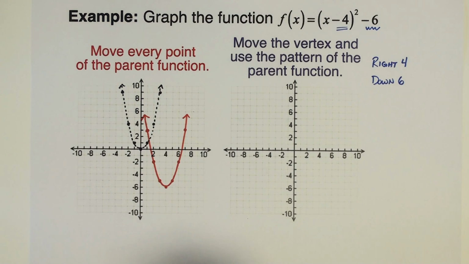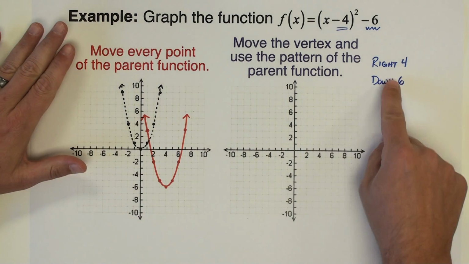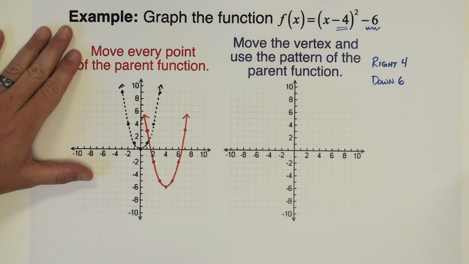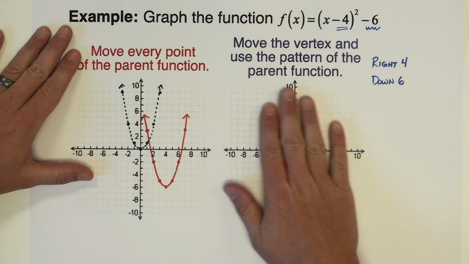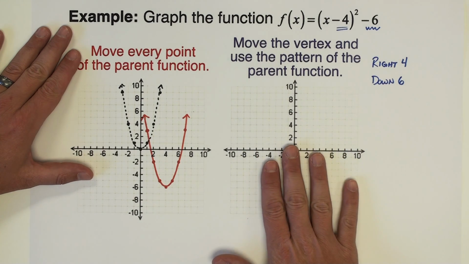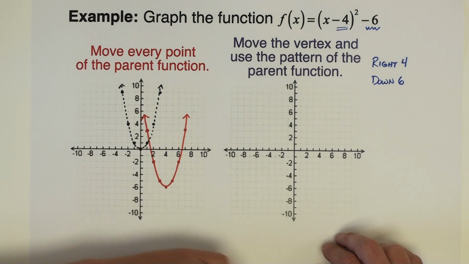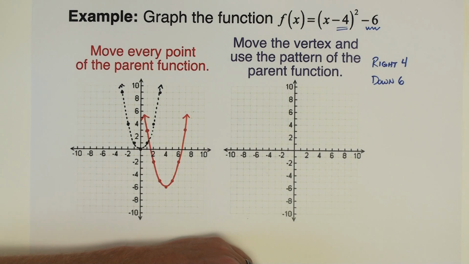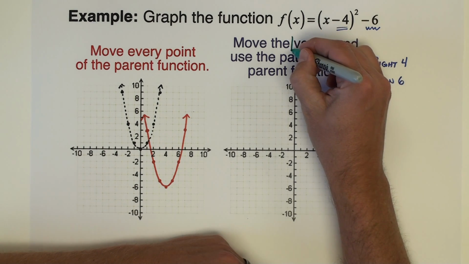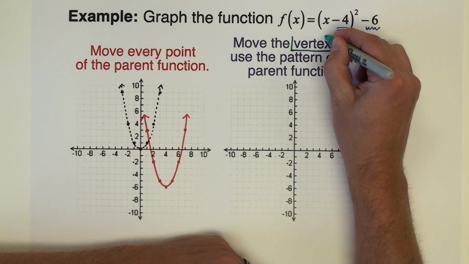Now, I think the process of moving every single point right 4 and down 6 can be somewhat tedious, and it's why I prefer this other technique instead. So let me talk you through it, and then you can make the determination of which you prefer. Now, I am going to move only the vertex according to the rule.